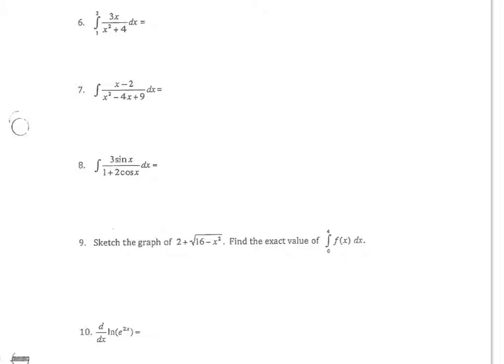So number 6. Your u is going to be the bottom part there. That's kind of the more complicated part. It's going to be 1 over u du. So your u is x squared plus 4. Your du is 2x. So you have to manipulate that.